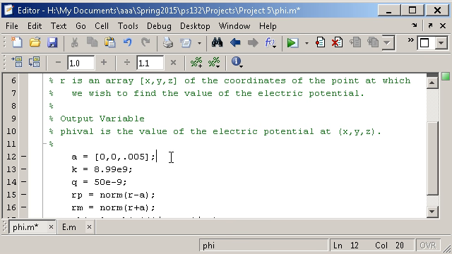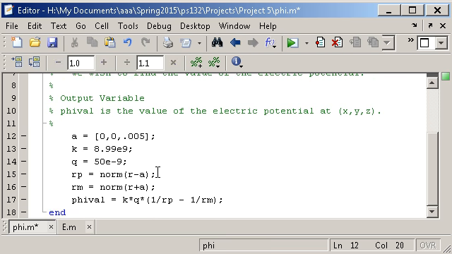Yeah, I think I'll leave that. I think people can see what that is. It's coordinates of a point above the z-axis, and R minus A is going to be the difference between those two vectors.